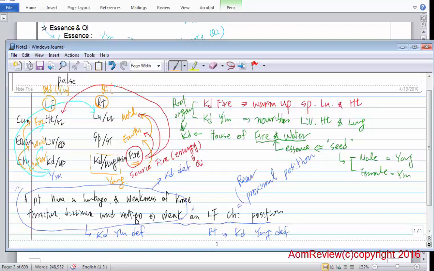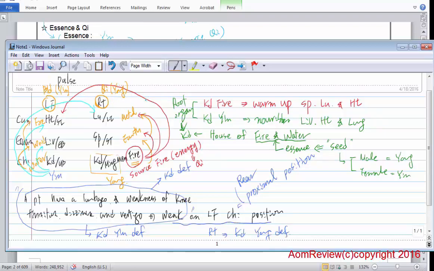This part might be yang. So the right-hand side of the arm, this is our arm area, the right side of the arm is stronger than the left side because more energy goes there, and the left side is more related with the blood or yin in first diagnosis. This is one of the evidences why the right side is more yang, the right arm and leg.